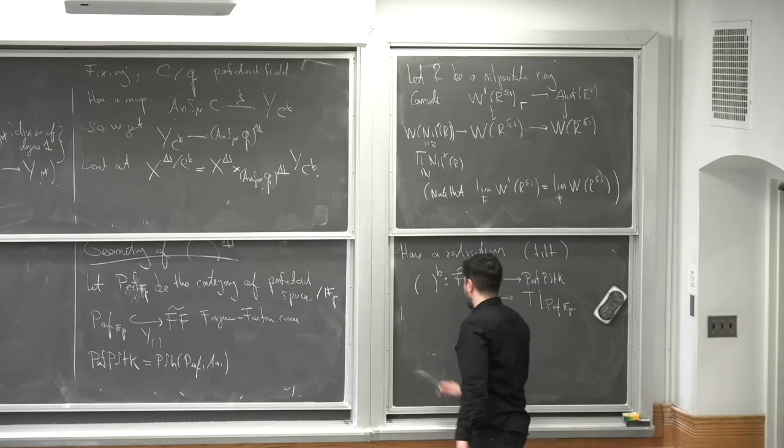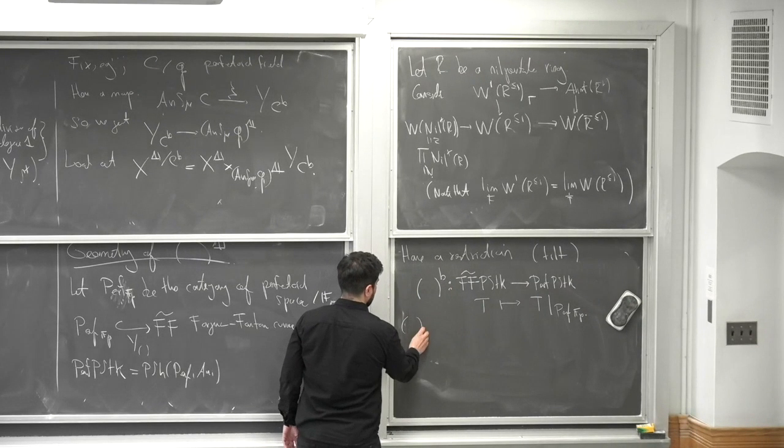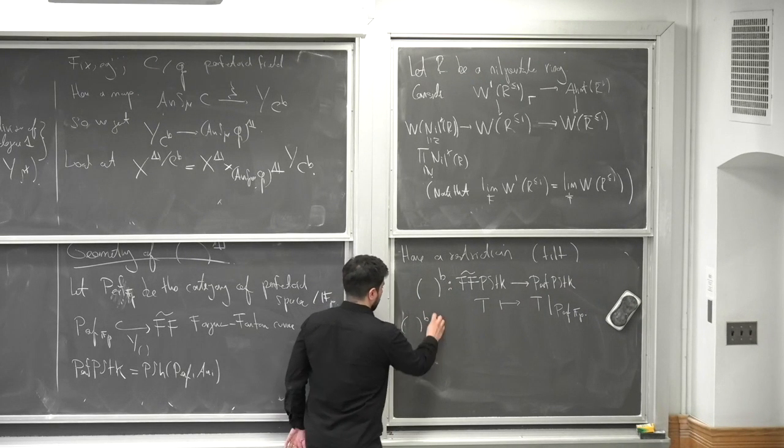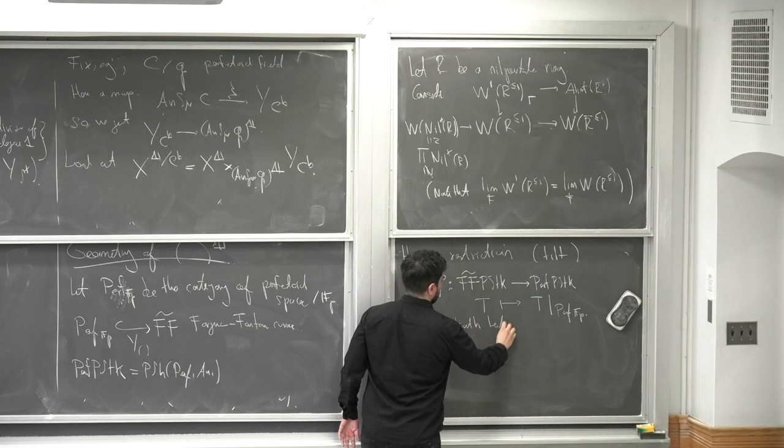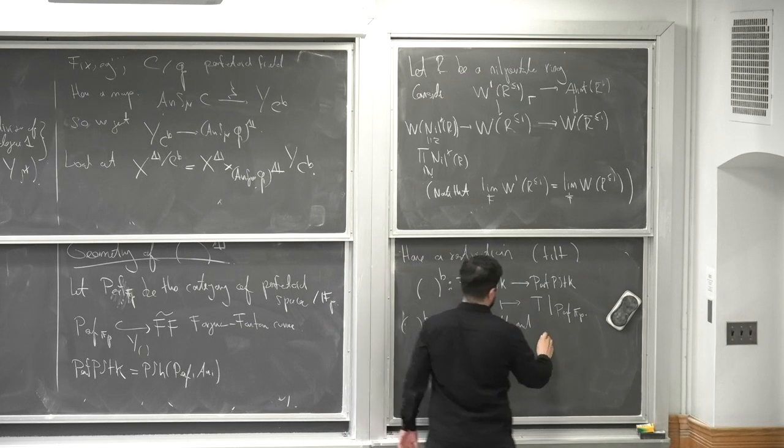So this functor actually has left and right adjoints.